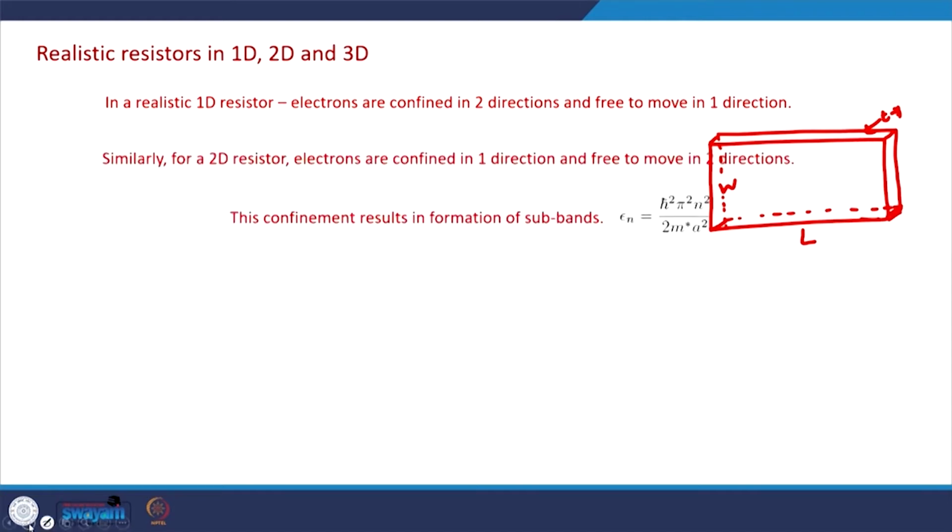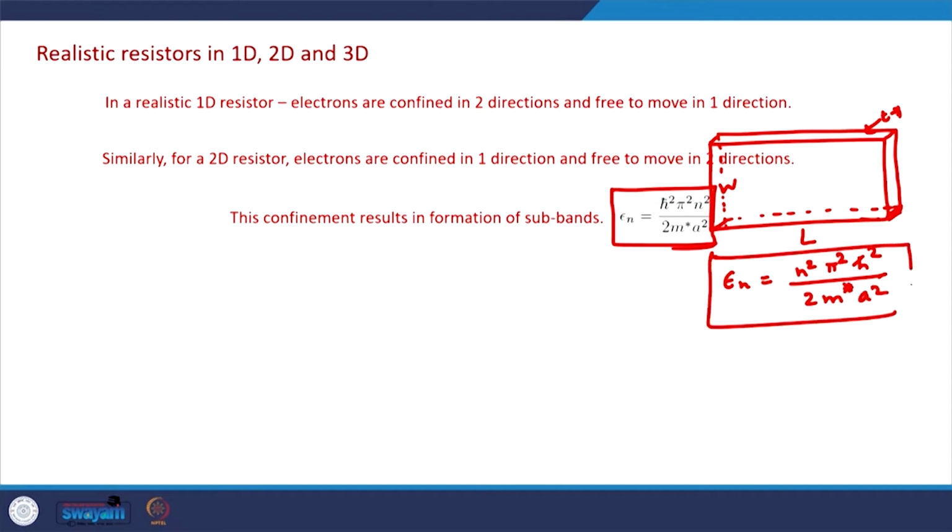So in the confined direction, the energy of the electrons is generally given by epsilon n equals n square pi square h bar square divided by 2 m star a square, where a is the extent to which the carriers are confined. In this case, instead of a, we have t, because t is the thickness in which electrons are confined.